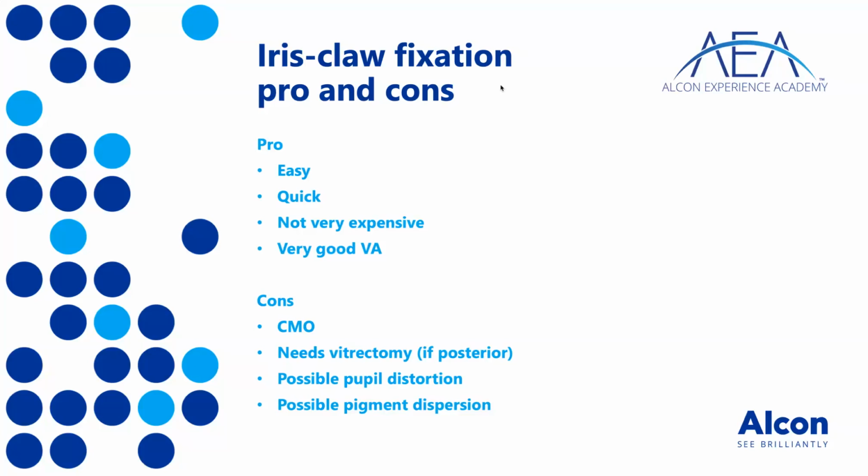Yes, that's true, because of course this is a lens which sits on the iris and pinches the iris. So of course there is a possibility of pigment dispersion. Does this create problems? I have seen one patient who had a very bad glaucoma kind of problem to start with.